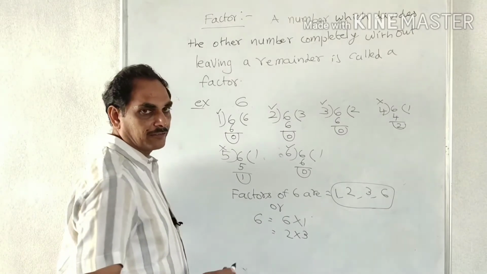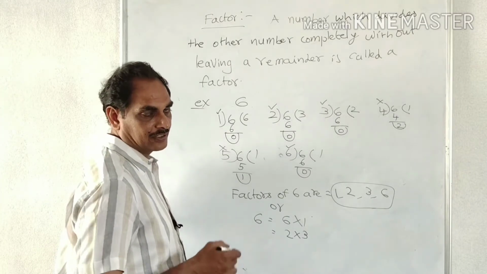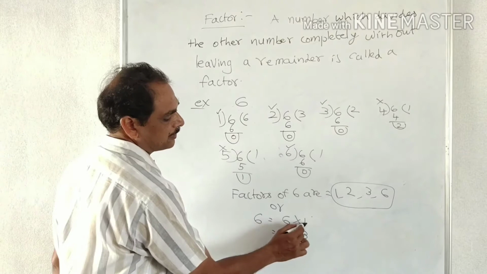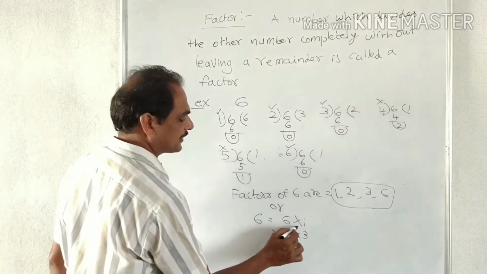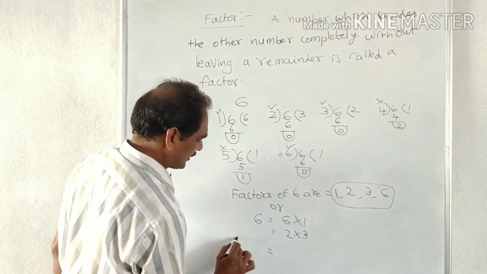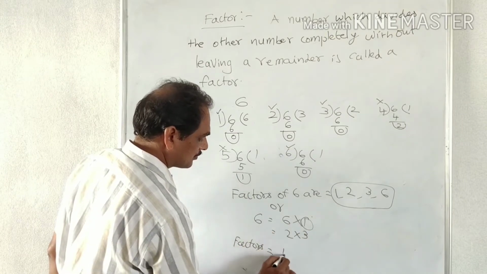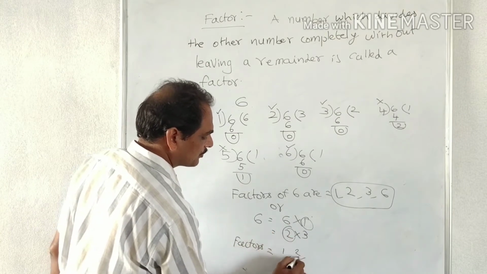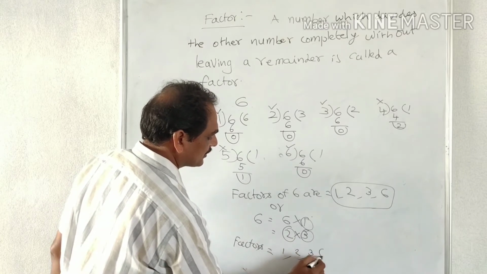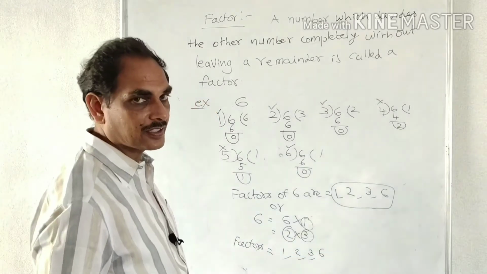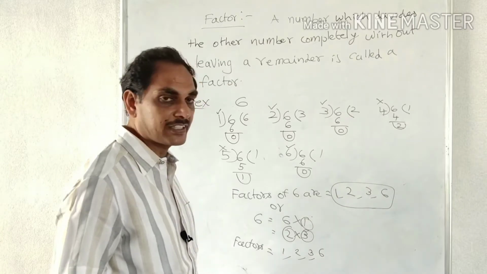In the fourth table we cannot get 6. Fifth table also no. Sixth table, 6 ones are 6. Now the factors are 1, 2, 3 and 6. This is the other process to find the factors of 6.